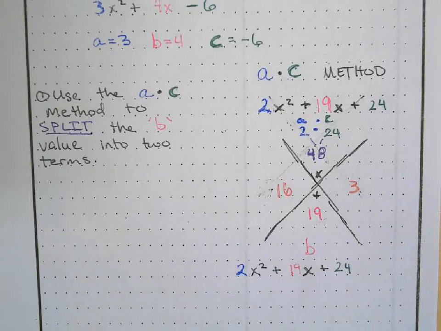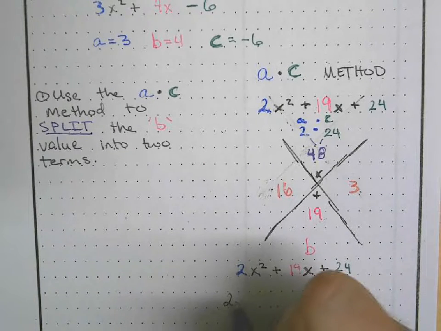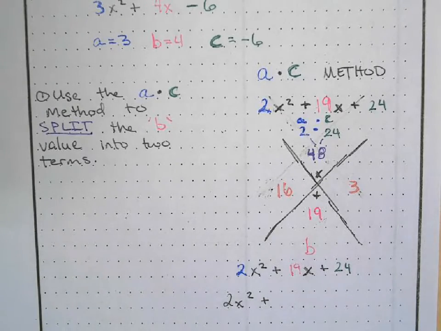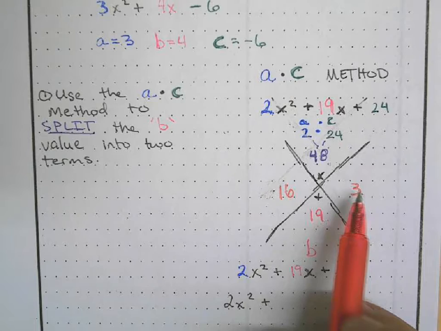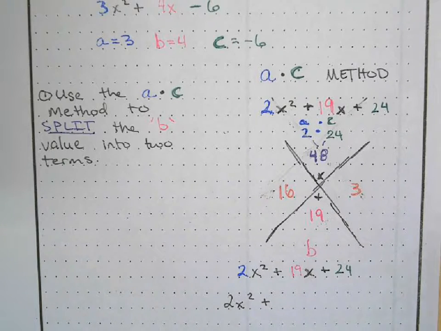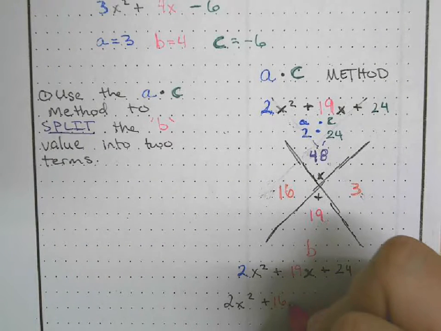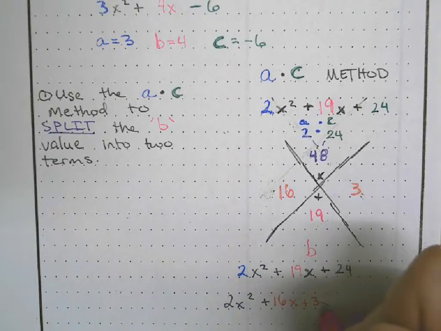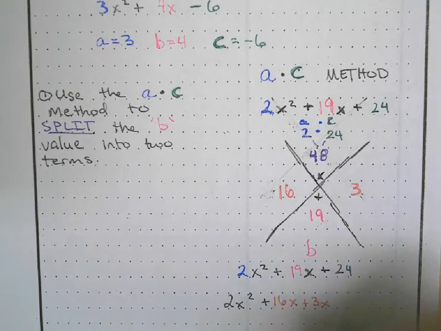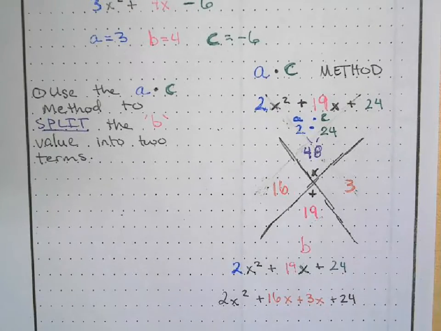The 2x squared will come straight down. I'm not doing anything with it, so I'm going to leave it the same. Plus, now I'm splitting the b term into these two values. So I'll end up with plus 16x plus 3x. And then I can bring that plus 24 right down.